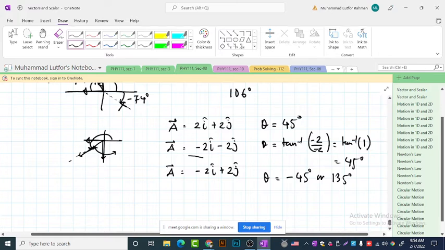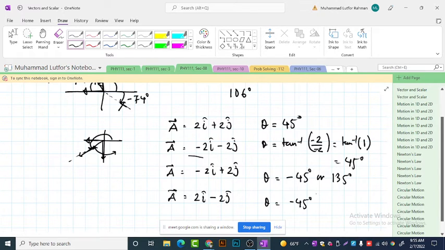Or the last one, if I write 2i hat minus 2j hat, that is also going to be minus 45 degree. It is in the negative direction of the y-axis, sorry, from the positive x direction. Now this is your resultant vector, and this is actually minus 45.